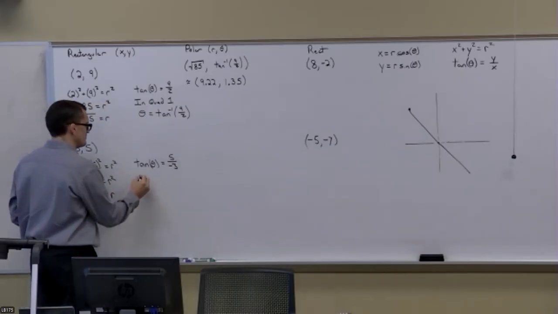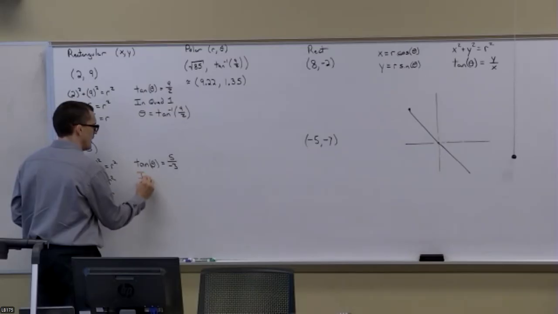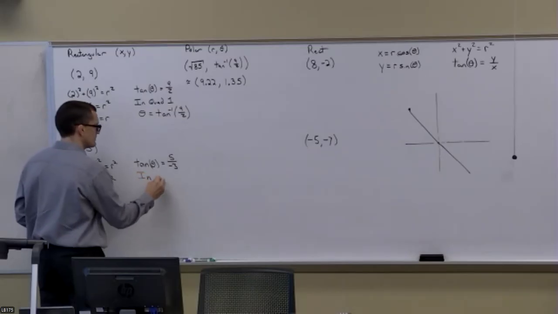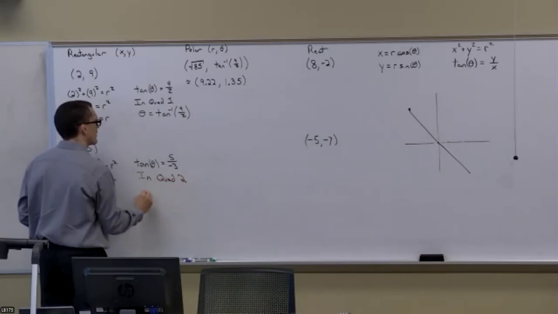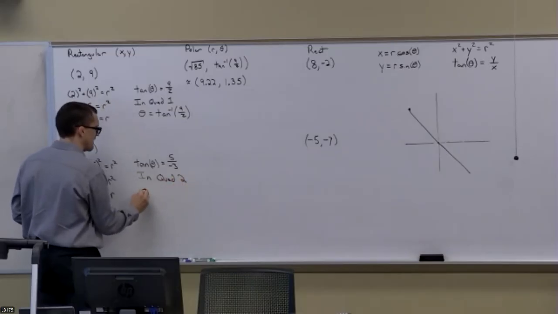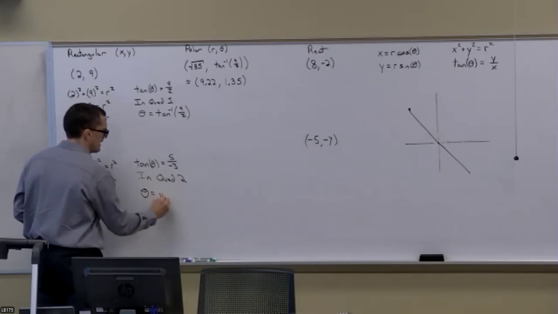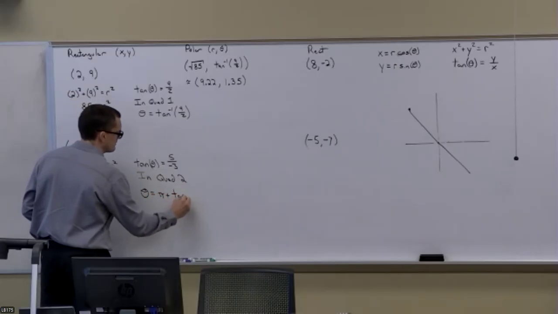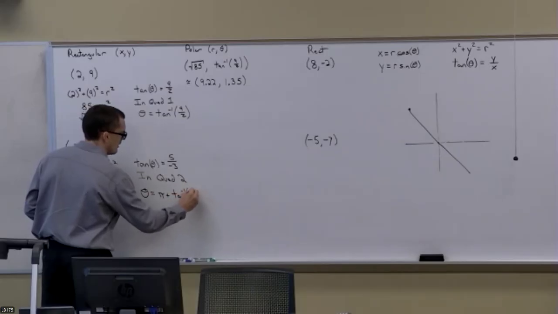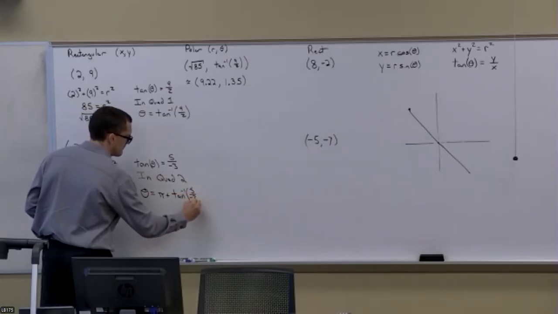So since my point is in quadrant 2, the theta that I'm going to use is pi plus the inverse tangent of 5/-3.